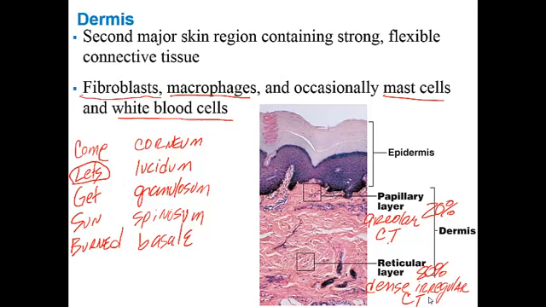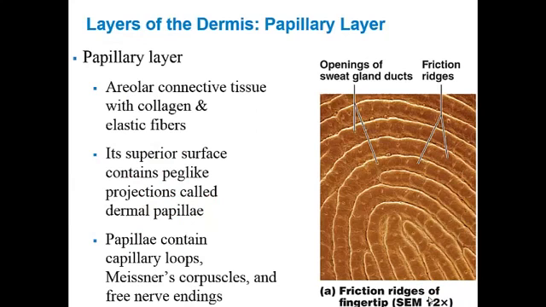The most superficial region of the papillary layer is going to be where we find the dermal papillae. And the dermal papillae are the ridges that contain the capillary loops, as well as the Meissner's corpuscles. And the Meissner's corpuscles, as we'll learn in the next mini lecture, are specific nerve receptors.